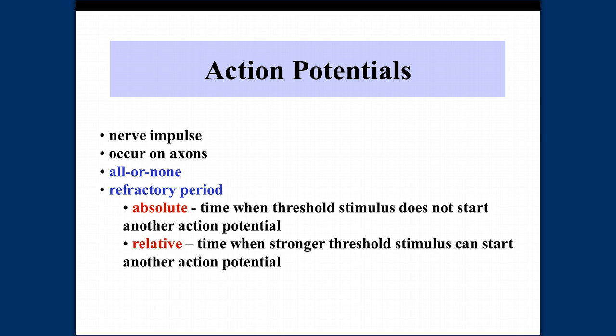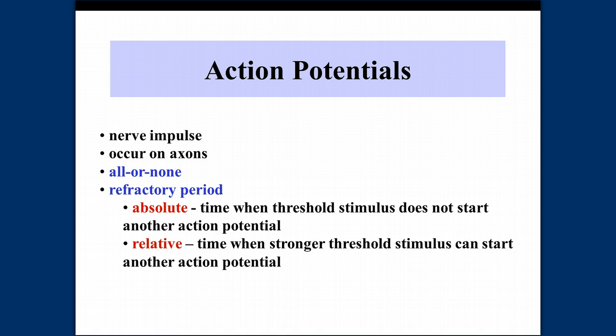During the refractory period, the membrane is usually hyperpolarized. The refractory period is the period that follows a nerve impulse when a threshold stimulus cannot produce another nerve impulse. This happens because during this time the membrane is hyperpolarized to about negative 90. The potassium channels are slow to close, and so it hyperpolarizes the membrane.